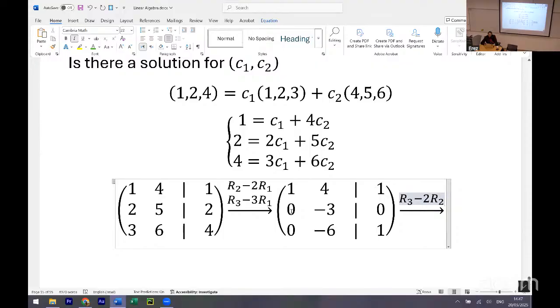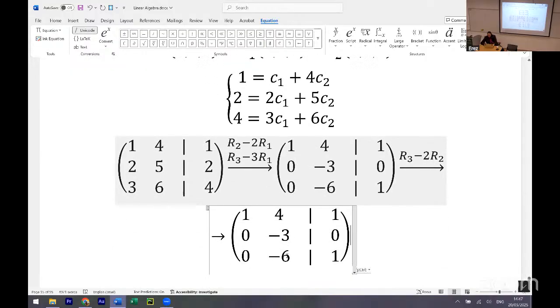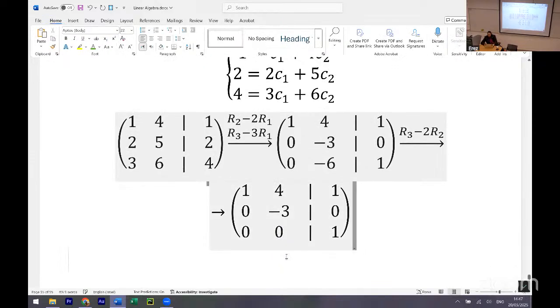No, don't skip middle steps. Do the echelon form. Contradiction, and there is no solution. Agreed?